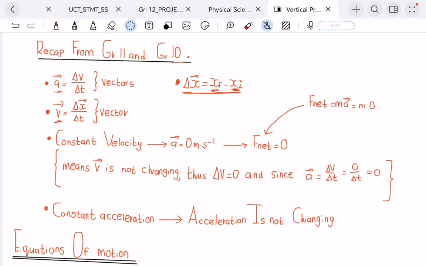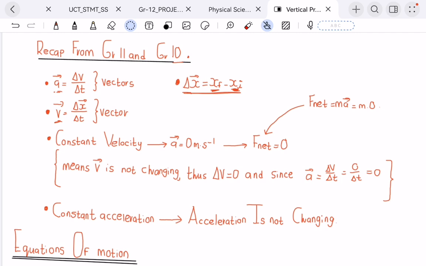Let's say I'm moving at 2 meters per second at t0, and then after like 6 seconds I'm still moving with the same velocity. That means my velocity is not changing. In other words, it is constant. So that is what we talk about when we talk about constant velocity, a velocity which is not changing, right?